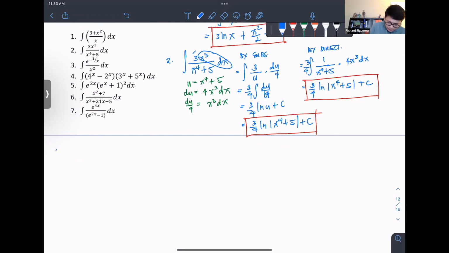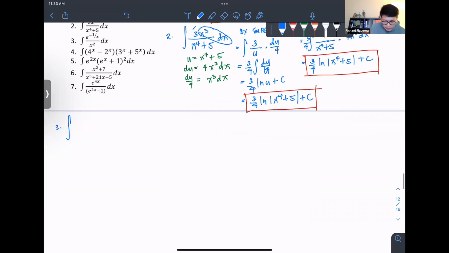Number 3. For number 3, we have e raised to negative 1 over x squared dx. My assumption here is that this is just an exponential function. This is the same as e raised to negative 1 all over x, multiplied with dx over x squared.